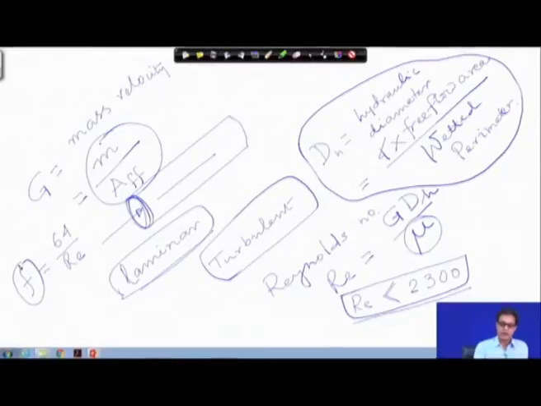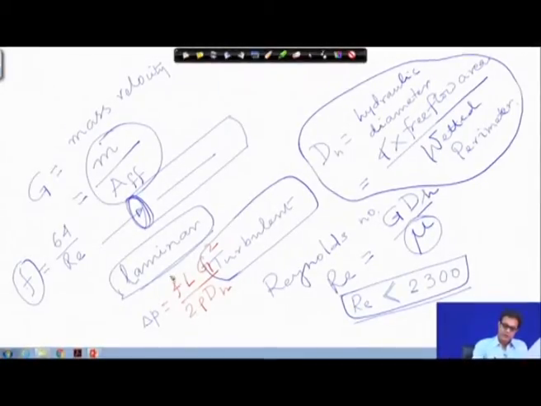Because in any heat exchanger design, one of our concerns is the pressure drop, and we define this pressure drop as f L G squared by 2 rho D_H, with the hydraulic diameter that we have defined.